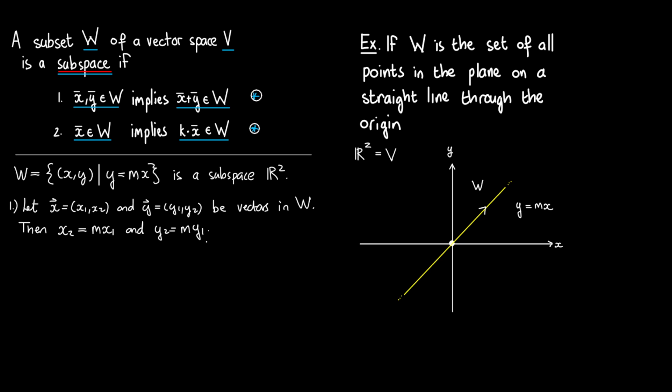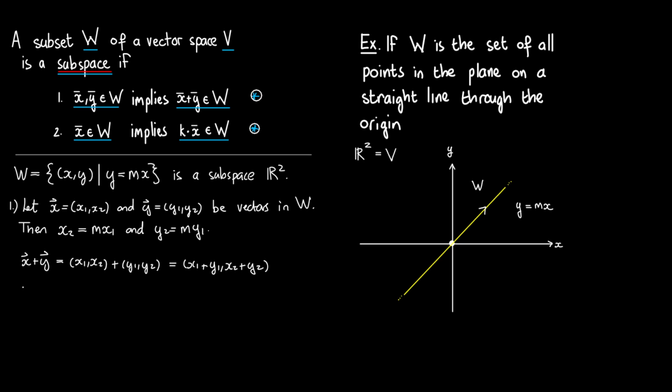Now that we have all of our information, let's try and make our conclusion. If we take x plus y, then this is just (x1, x2) plus (y1, y2), and by how we add vectors in R2, this is (x1 plus y1, x2 plus y2). And now we need to check, is the second component m times the first component?